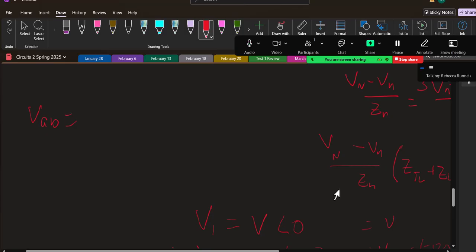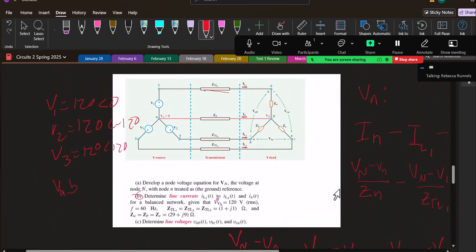So VAB would end up being IL1 ZA minus IL2 ZB. The voltage from A to B would be the current going in this direction times this impedance, and then the current going in this direction times this impedance, but IL2 is going in the other direction, so I had to turn it around.